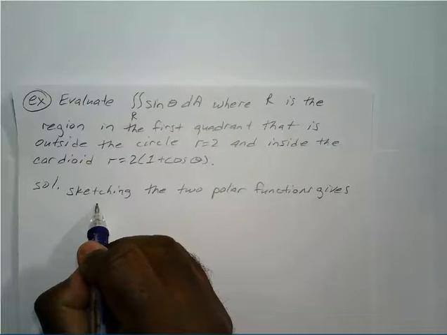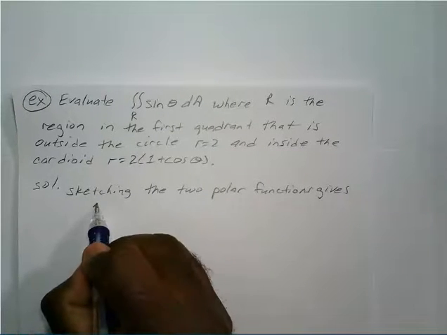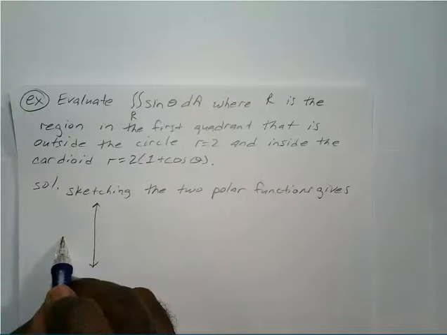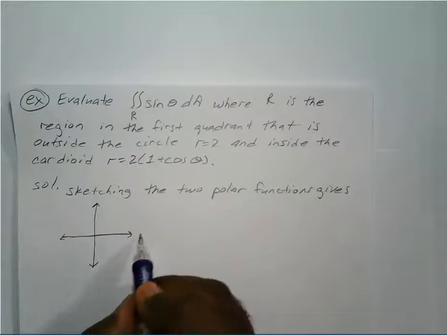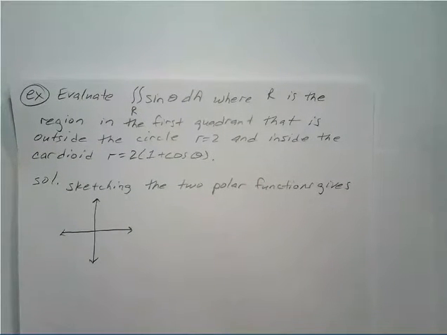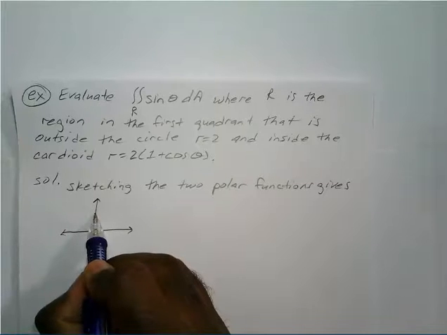So, sketching the two polar functions: that's our axis there, and r equals 2 is literally just a radius of 2.